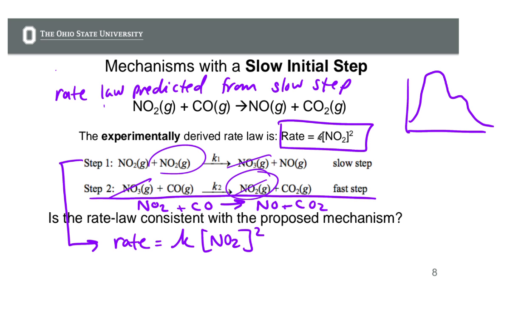Yeah? How do we know that the reaction is second order if it doesn't depend on coefficients? I thought since there's 2 NO2s, I felt like it's not. Oh, mathematically it's the same. Yes, from the proposed mechanism, we could write k times NO2 times NO2. Is that what you mean?